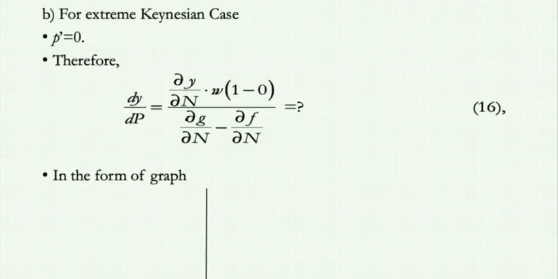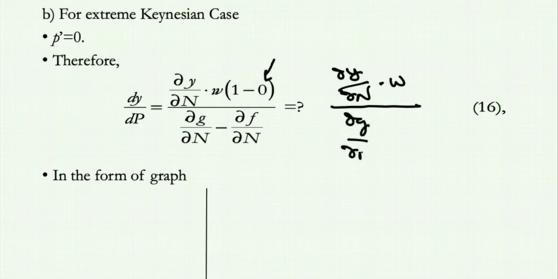Okay, so now, let's say the extreme Keynesian. So we substitute it by 0 here. What happens here? Then it becomes delta Y over delta N times W, isn't it? Over delta G over delta N minus delta F over delta N. So we need to decide whether it's positive or negative.